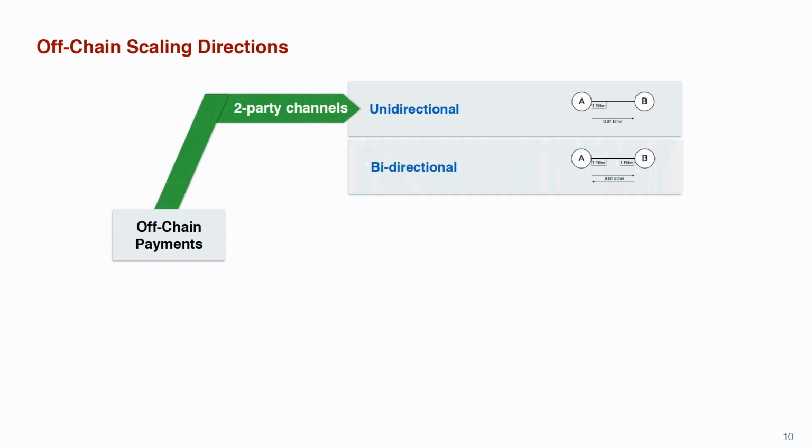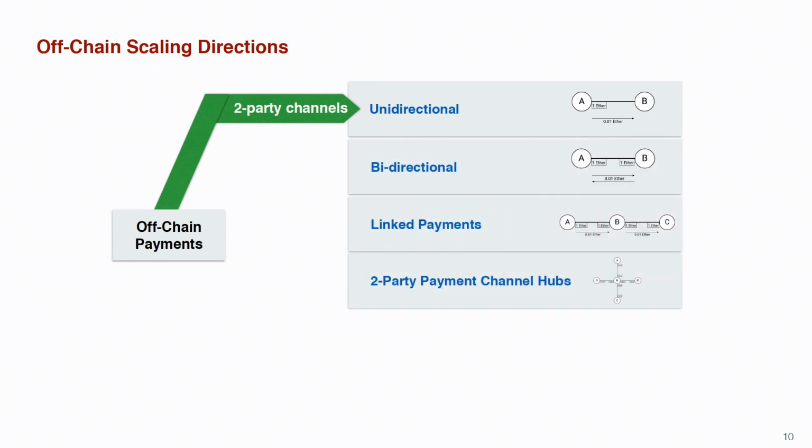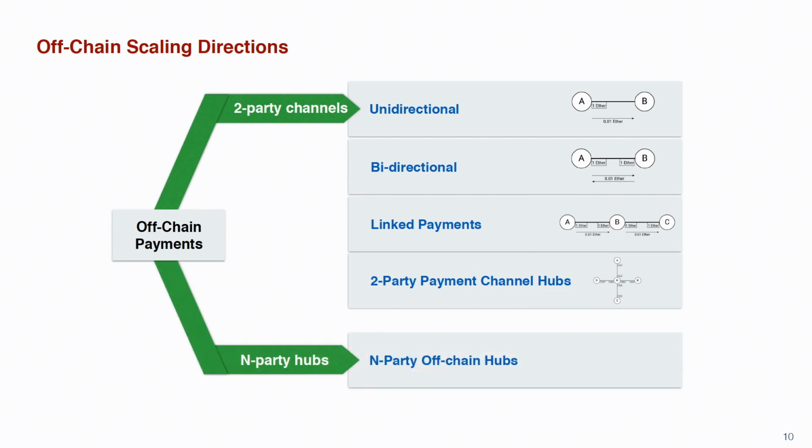They can be unidirectional, bidirectional. They can be linked. You can build a hub, so a well-connected node, and you can build n-party hubs, so n-party off-chain hubs. These are fundamentally different from the architecture. They're more temporal-based, whereas the payment channels, we will go into detail now.